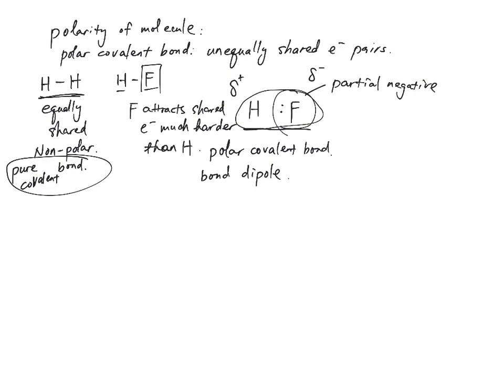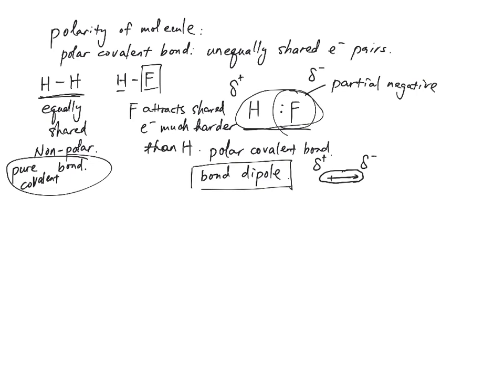When a bond has a partial positive and a partial negative end, we say you have a bond dipole. For a covalent bond, if you have a partial positive and partial negative end, we say you are a polar covalent bond with a bond dipole, and we show the bond dipole using an arrow with a tail.